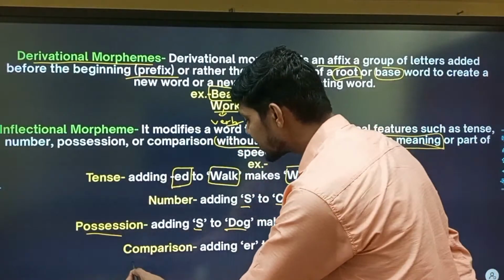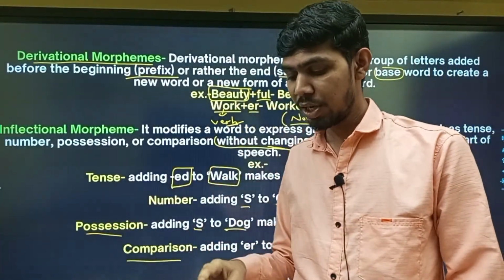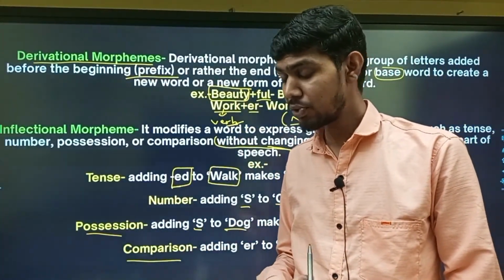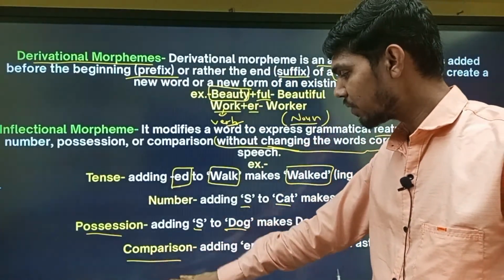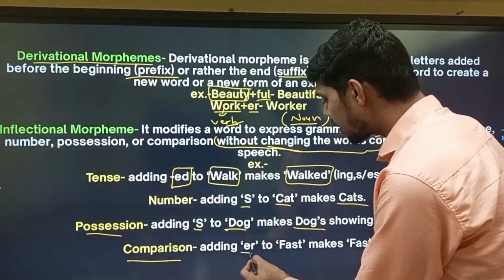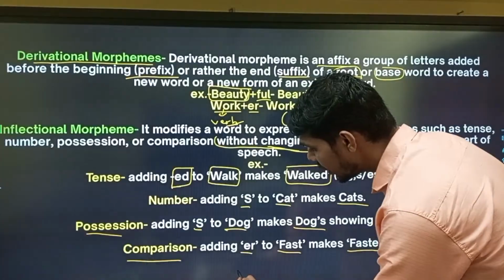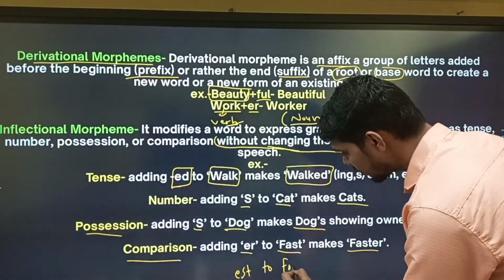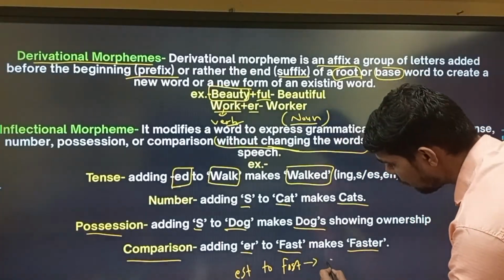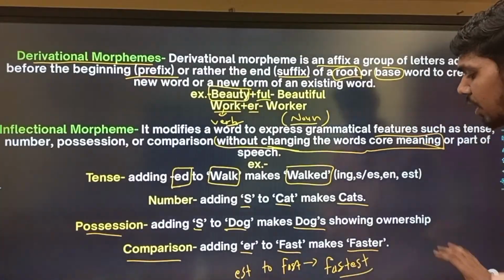And next is comparison. We have studied degrees: positive degree, comparative degree, and superlative degree. So this is the comparative degree, we add er to fast, then it becomes faster. And we add est to fast, then it becomes fastest. Right?